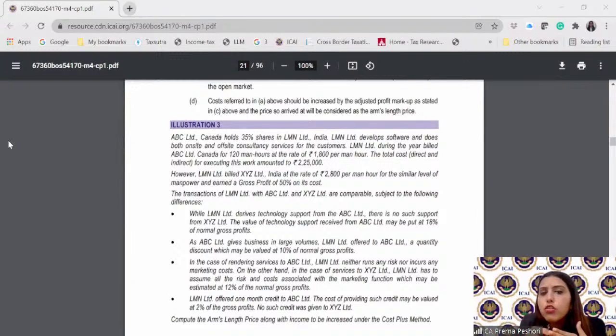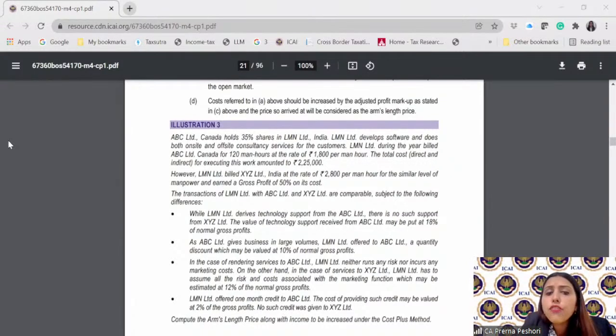Value of technology support service received from ABC may be put at 18% of normal gross profits. As ABC Limited gives business in large volumes, LMN Limited offered to ABC Limited a quantity discount which may be valued at 10% of normal gross profits.